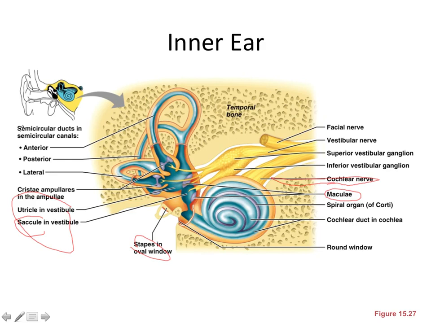These three canals are called semicircular ducts: the anterior, posterior, and lateral semicircular ducts. The duct's function is to generate the orientation information from our body.